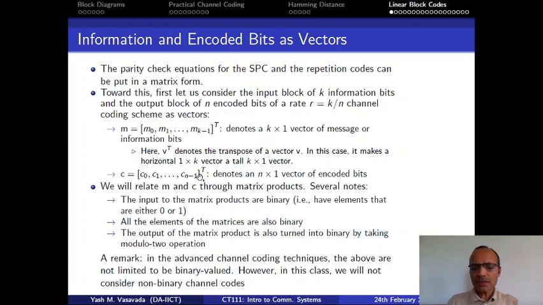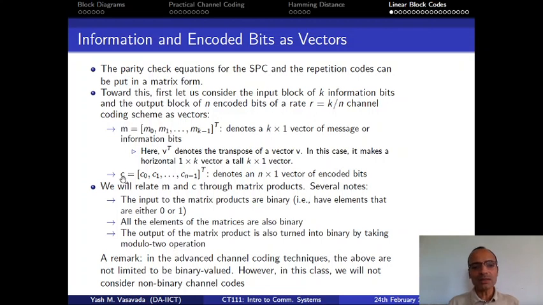Now, over the next few slides, we are going to start describing m and c through some matrix products. One thing you have to remember is that everything in these matrix equations is binary and modulo 2. All the matrices are binary, the input is binary, the output is binary.